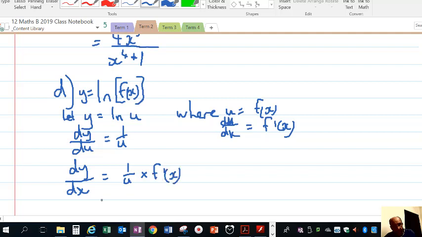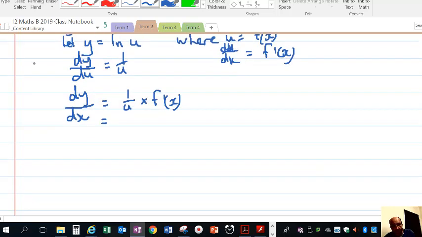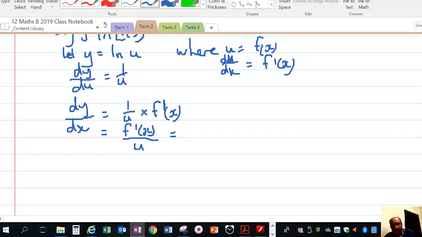Alphabet soup, you might say? Hang in there, because that would be f dash of x over u. Unsubstitute now, u back up there equals f of x, so it's f dash of x over f of x. That's a significant result.